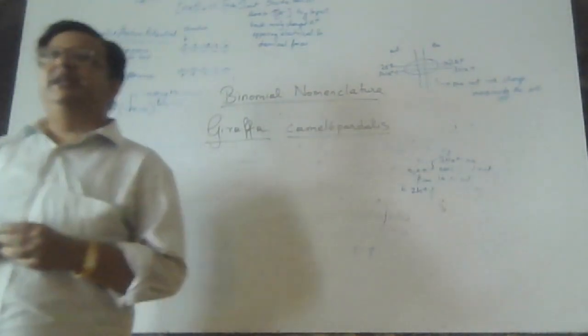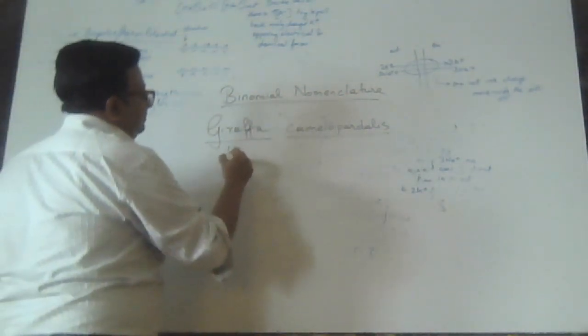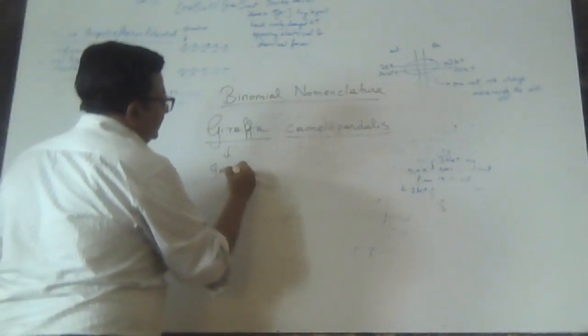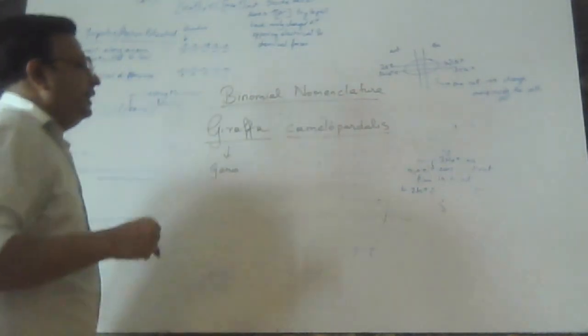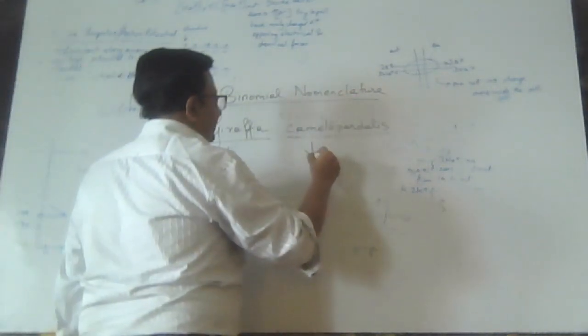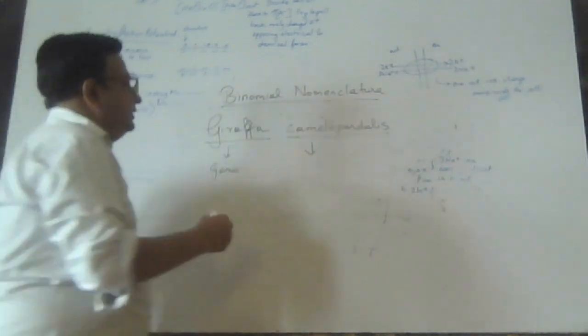In the previous class, I mentioned taxons. You have kingdom, then phylum, subphylum, class, order. Each of these is a taxon. So, Giraffa belongs to the taxon genus. This is the genus name. And camelopardalis is the species name.